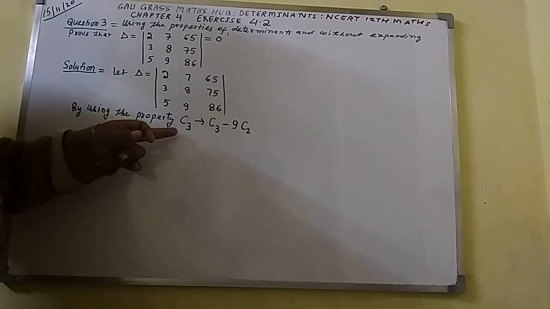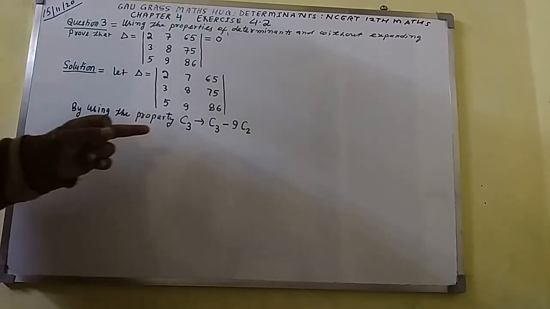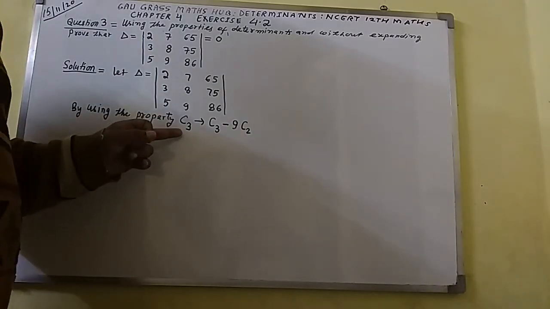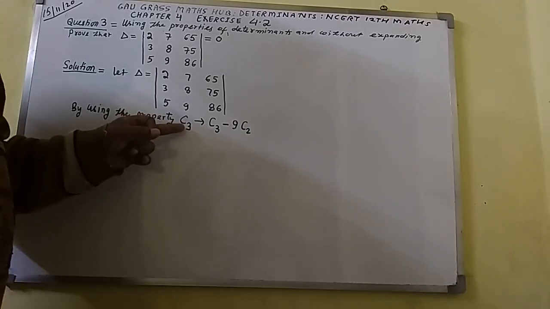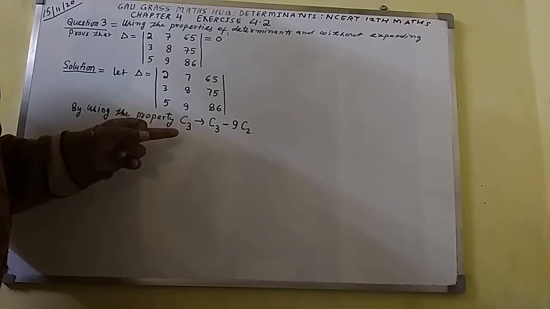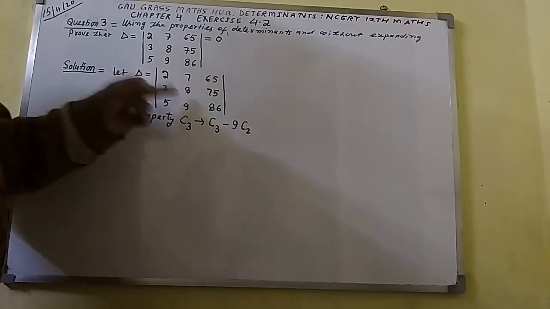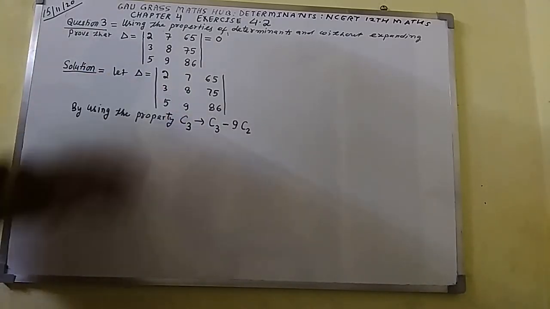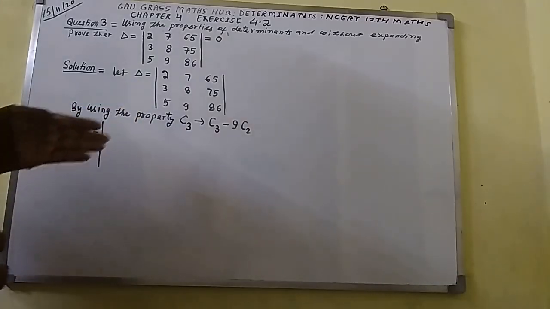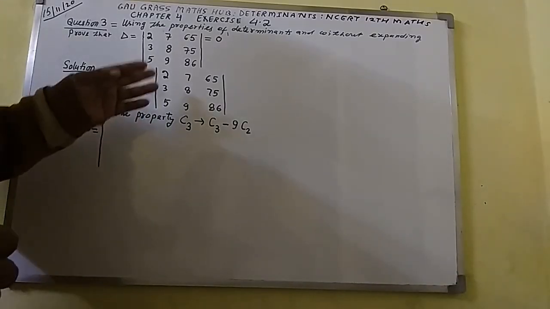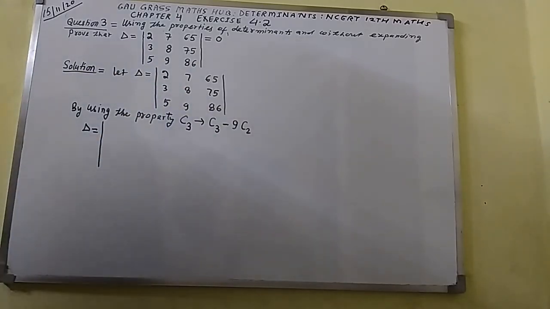This means that C3 goes to, column number 3 goes to. This means that changes will occur only in column number 3. There will be no changes in the first column and second column. The first column and second column will be written as they are. So here I shall write Δ equal to, as I have told earlier, there will be no changes in the first column and second column.